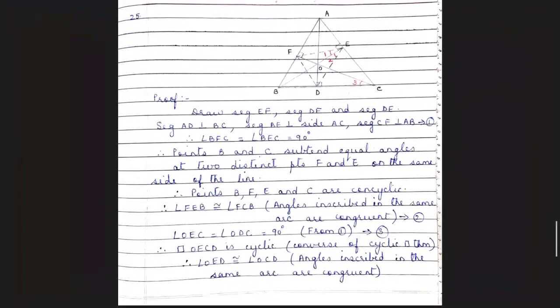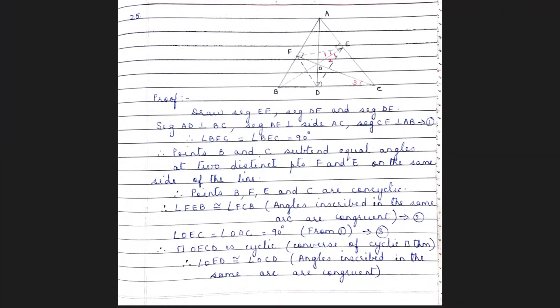You really have to pay attention to understand this sum really well. Okay. Now look at the figure. We have drawn triangle ABC. We have drawn the perpendicular bisectors. So you have AD perpendicular to BC, BE perpendicular to AC, and CF perpendicular to AB. And all these three perpendicular bisectors meet at the point O, and therefore O is called the orthocenter of triangle ABC.